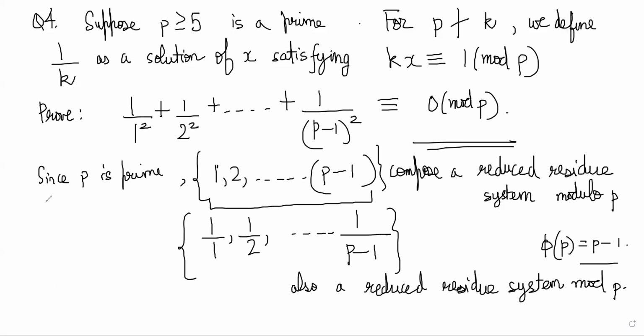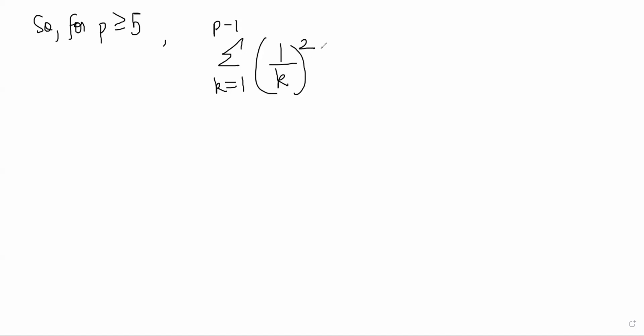for p greater than or equal to 5, we can try to do the summation of k goes from 1 to p minus 1, 1 by k whole square. 1 by k whole square we are trying to do.